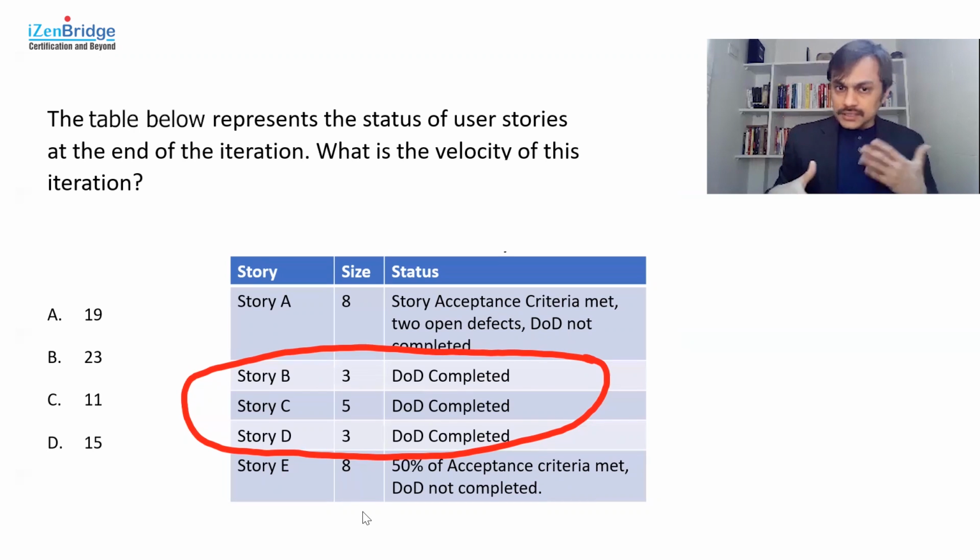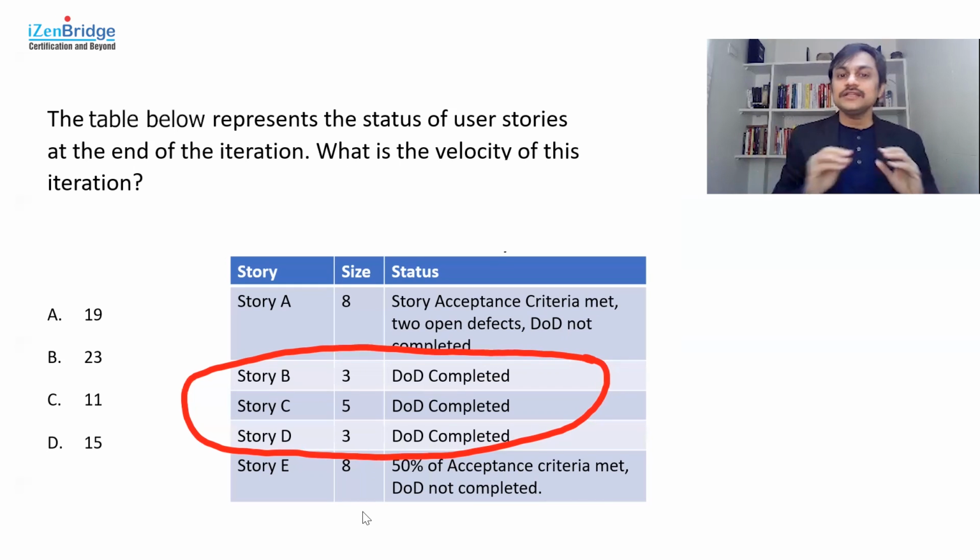If I have other information which shows some type of splitting in story A, and that part is done and the other part is not done, I could have considered the done part only. So when I have a story, I don't have anything to do with the percentage completion. I don't have to do anything with one part done, second part not done, or just something left and it is nearly meeting definition of done.